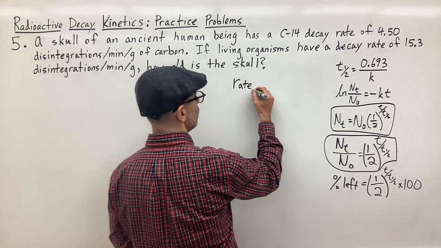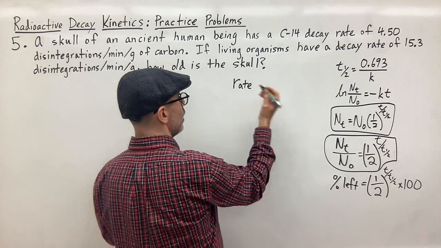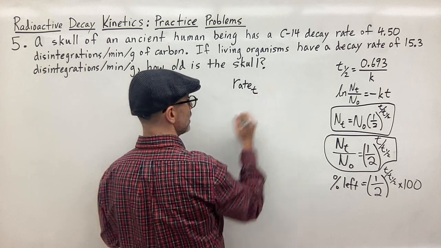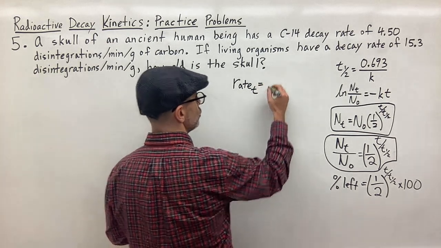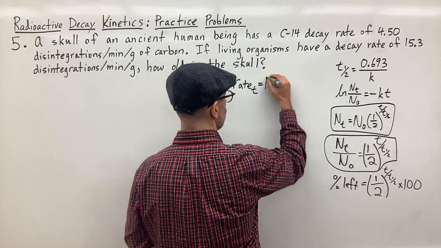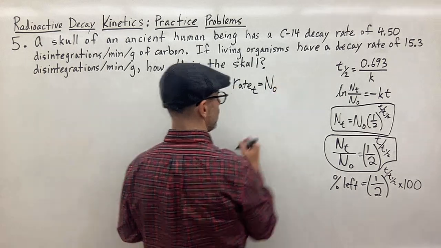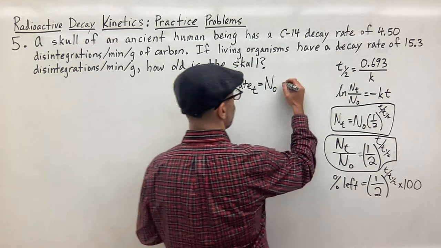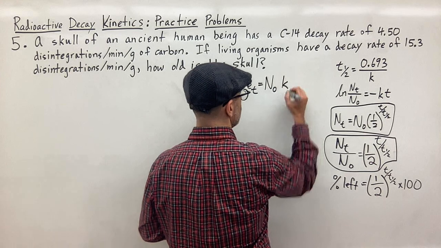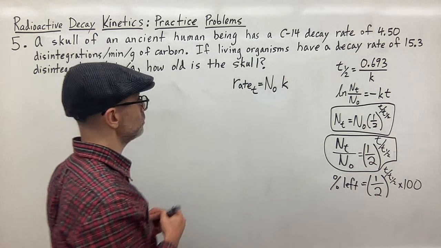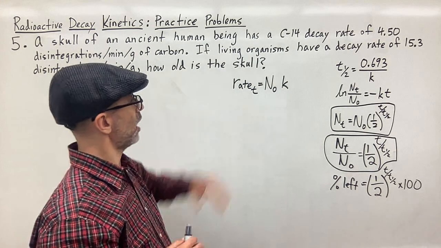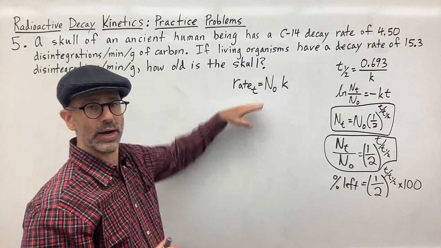So we'll call that the rate of decay right now at time t, which is equal to k multiplied by N_t. That would be one of our rate laws.